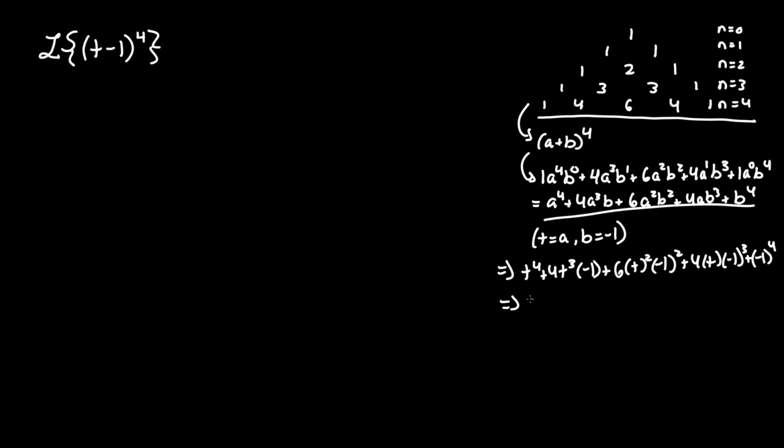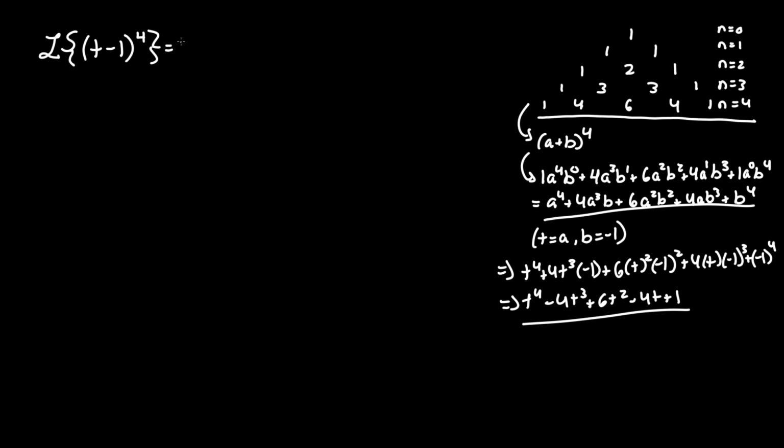Simplifying, that will become t to the 4th minus 4t cubed plus 6t squared, since -1 squared is +1. We have -1 cubed is -1, so minus 4t plus 1, since -1 to the power of an even number is +1. And this is what we're taking the Laplace transform of.